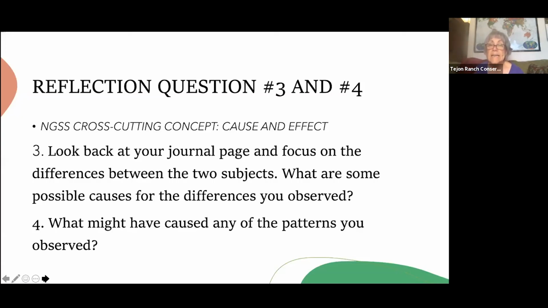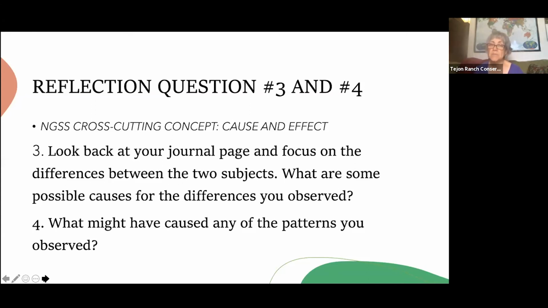Okay, the second set of questions are the Next Generation Science Standards cross-cutting concepts of cause and effect. You try saying that. Cross-cutting concepts of cause and effect. So look back at your journal page and focus on the differences between the two subjects.